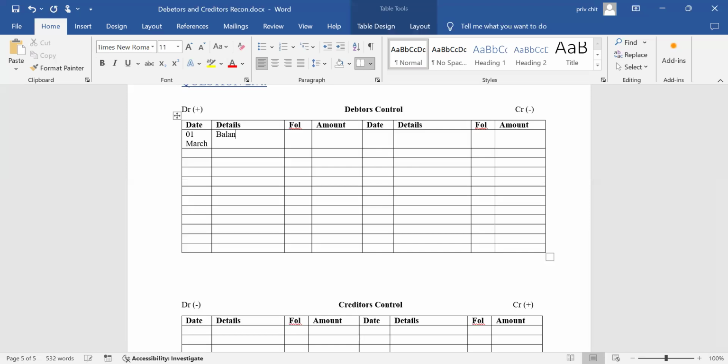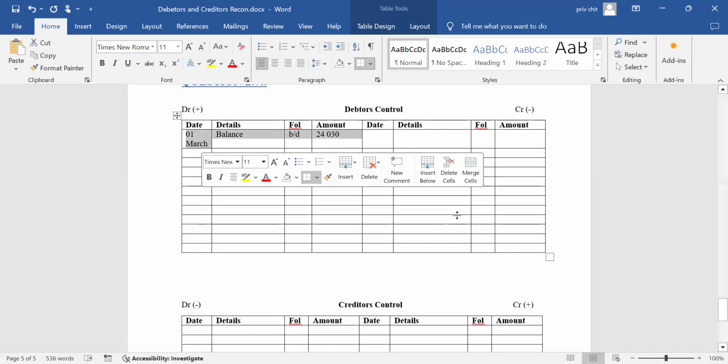So that will be your balance brought down of how much? 24,030. 24,000 rands and 30. That is the opening balance for your debtors control.